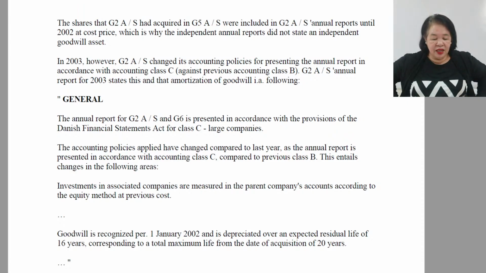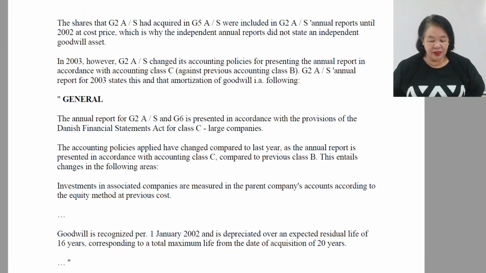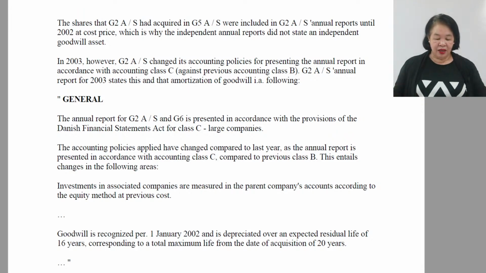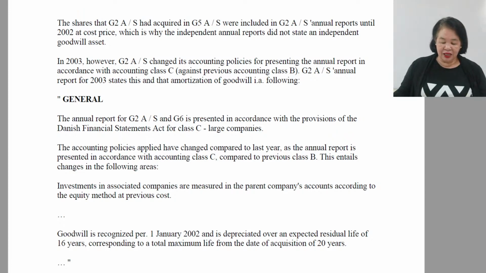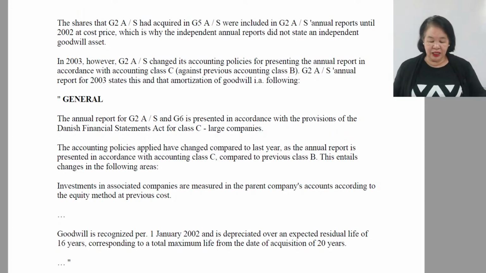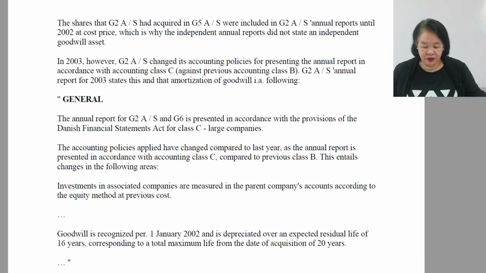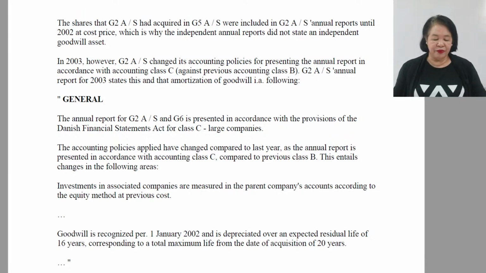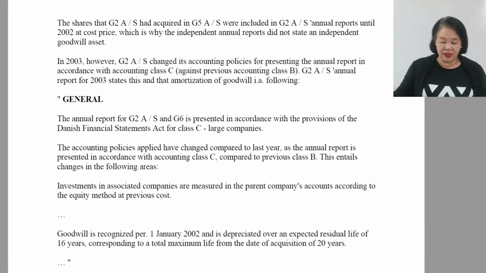In 2003, however, G2AS changed its accounting policies. What are the accounting policies? For presenting the annual report in accordance with accounting class C, against previous accounting class B. So G2AS annual report for 2003 states this and that amortization of goodwill, following.